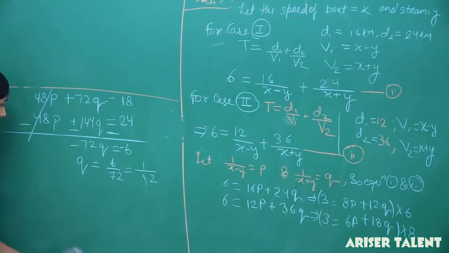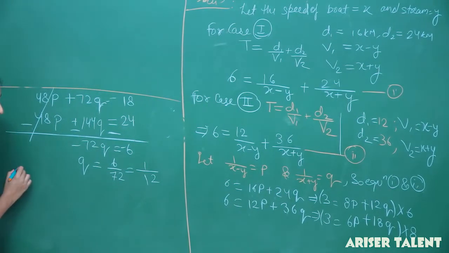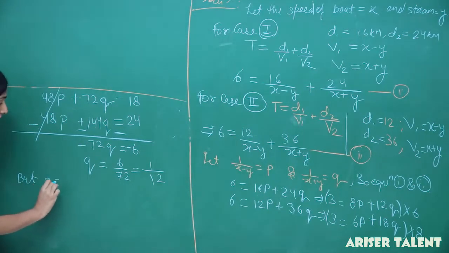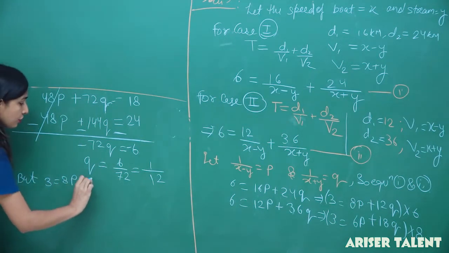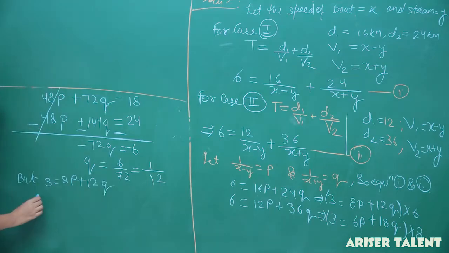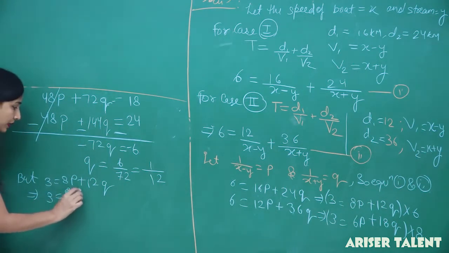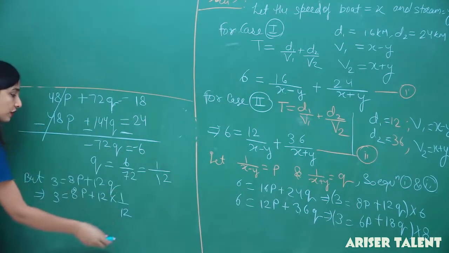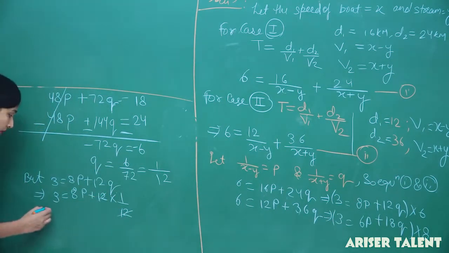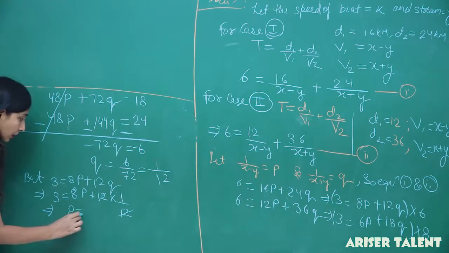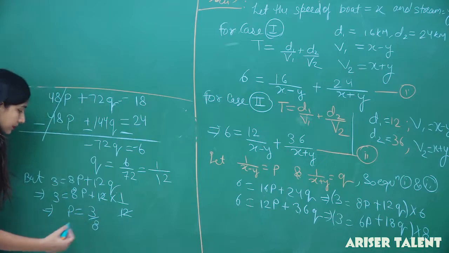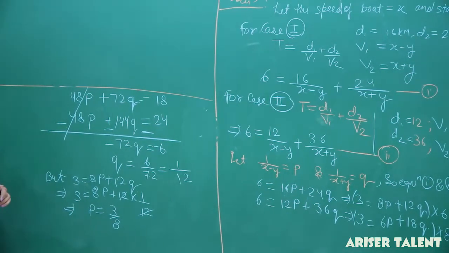So 3 equals 8P plus 12 multiplied by 1 upon 12, because value of Q is 1 by 12, that will cancel out, which implies that P equals 3 by 8.